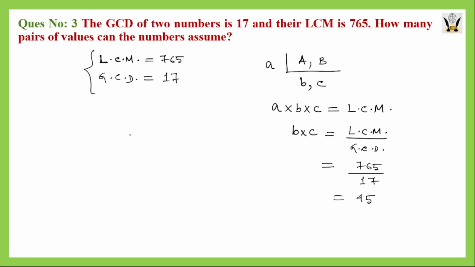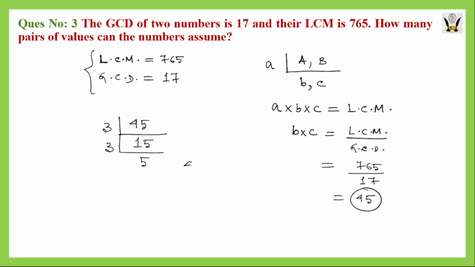Now suppose we factorize this value. 45 is basically the multiplication of these two quotients b and c. Now if we factorize 45, then it will be 3, then 15, and then 3 and 5. So these are the prime factors of 45.